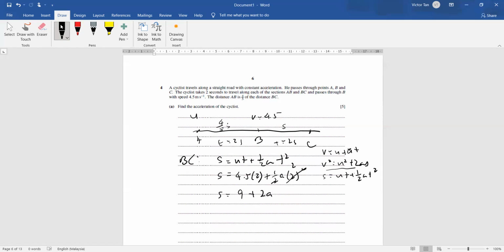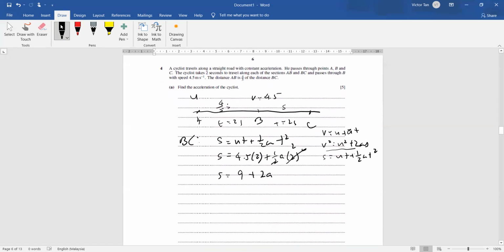Now for AB, you're going to generate a few equations.